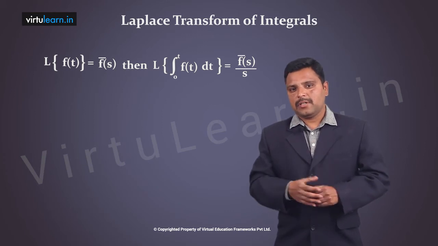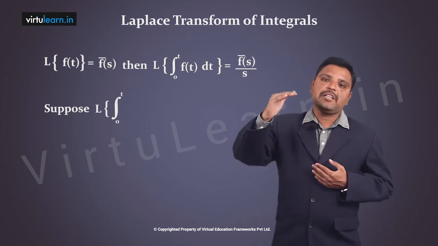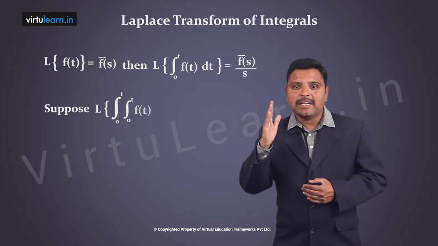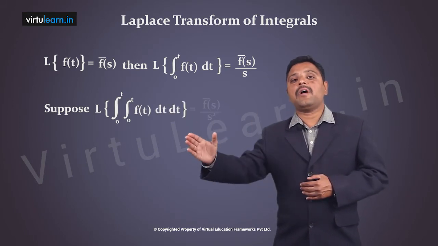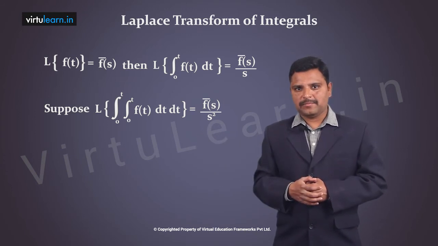In the same way, suppose the Laplace transform of integral 0 to t of f of t dt, with two integrations, then it is f bar of s by s square. This is the formula.